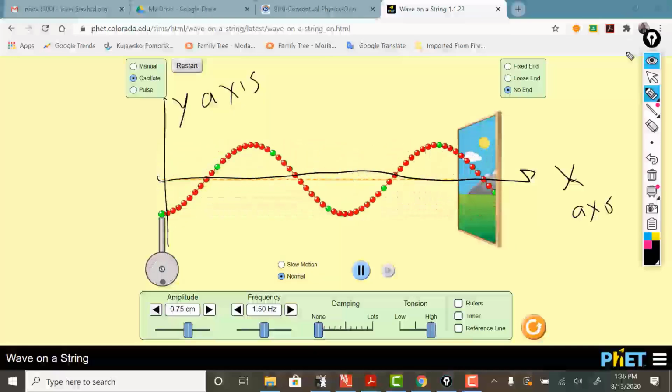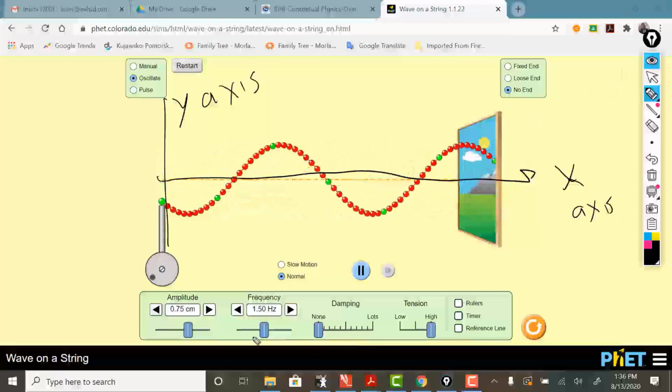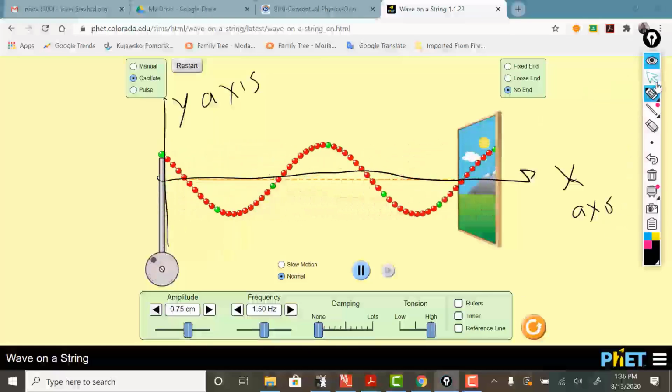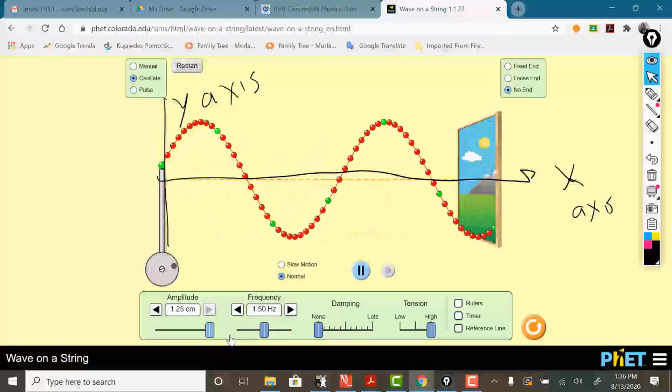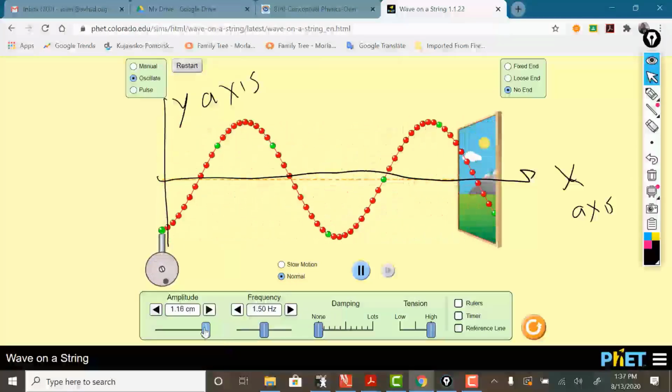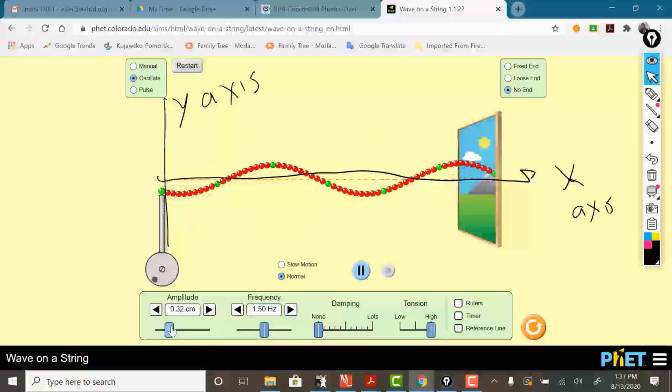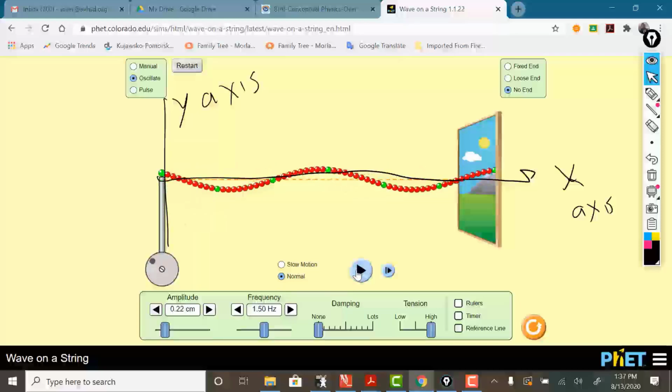You'll notice a few things when I change the amplitude, and you tell me what the amplitude is. I would propose to you that the amplitude isn't what you think it might be because there's still the same amount of waves.